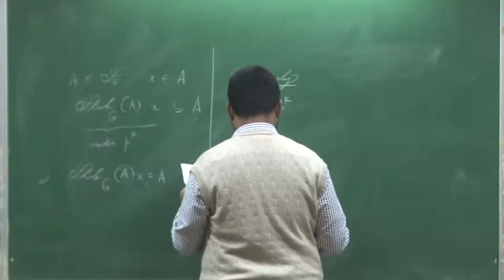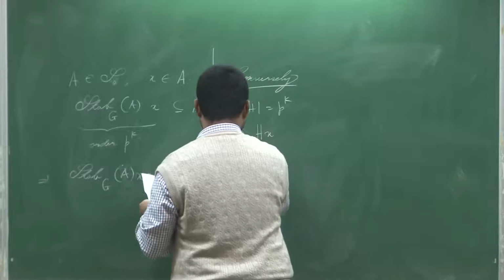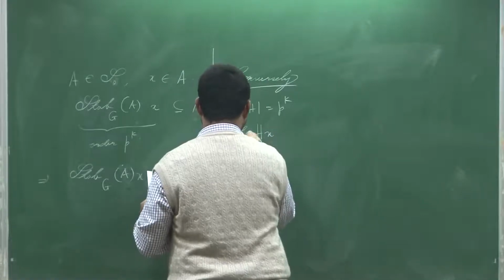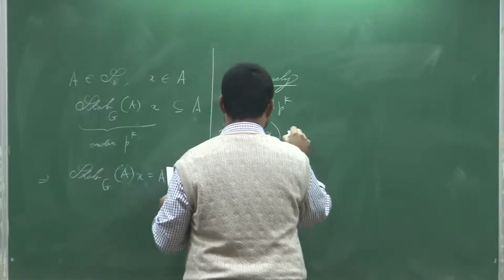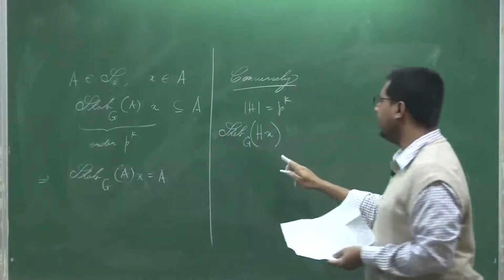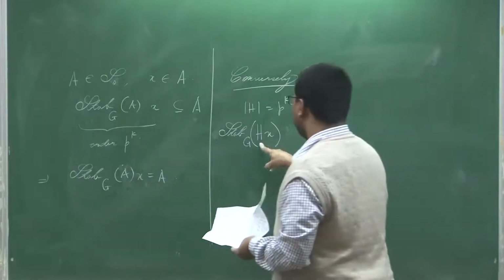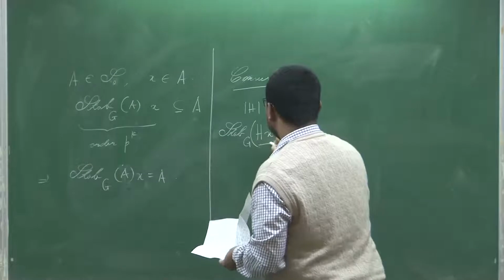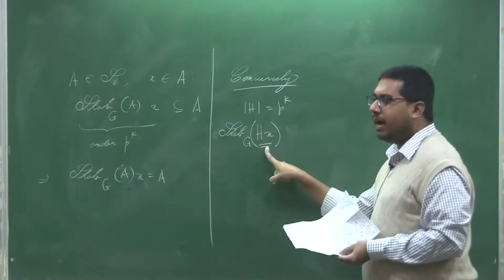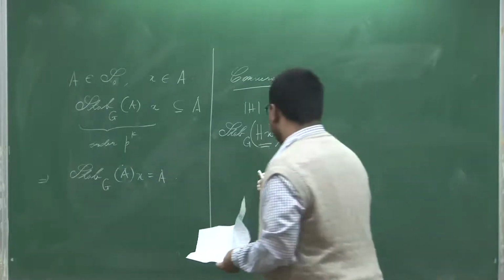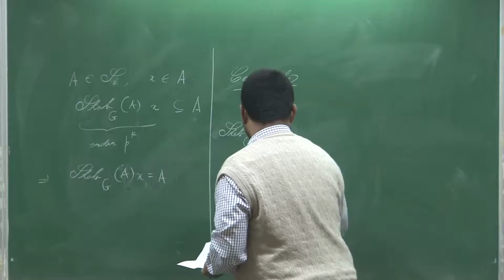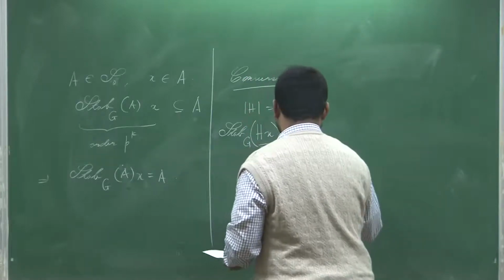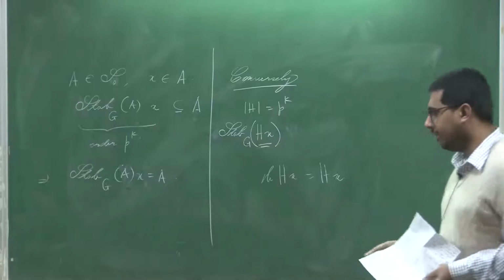For that we need to consider the stabilizer. So what happens to the stabilizer? So we see that this is fixed by H, because for a small h in capital H, hHx has to be Hx, it's easy to see.